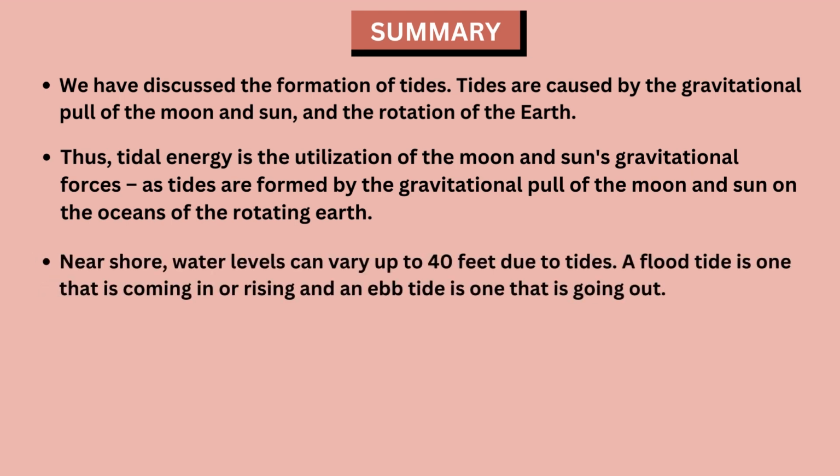Near shore, water level can vary up to 40 feet due to tides. We talked about the flood tide, which is the tide that is coming in or rising, and the ebb tide, which is the one that is going out.